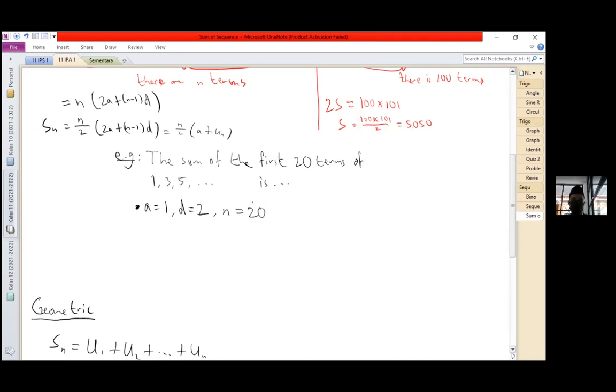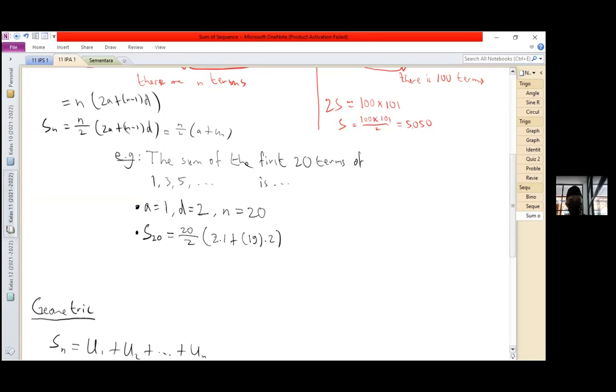To find the sum of the first 20 terms, it is faster to use this one. So n equals 20, S20 is 20 divided by 2 times (2 times 1 plus (n minus 1), so 19, times d, times 2).